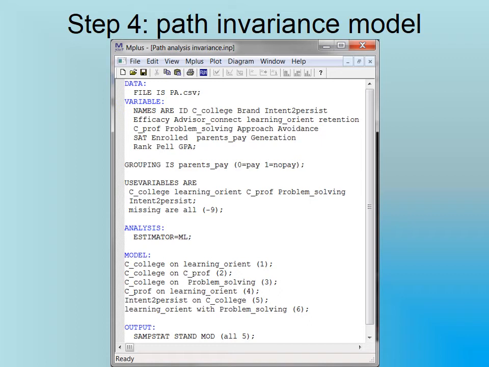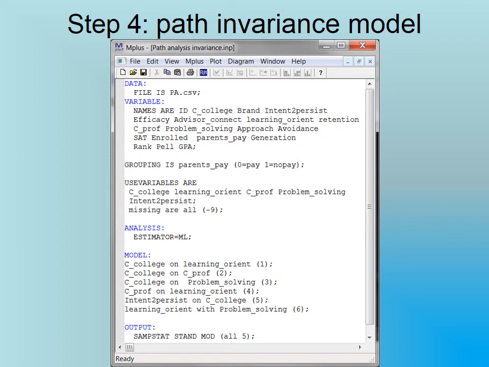If you look back at the original figure earlier on, you'll notice we estimate 6 path coefficients, 1 for every arrow. So again, those are going to be fixed, or constrained is a better word, constrained to be equal across the pay and no pay groups.